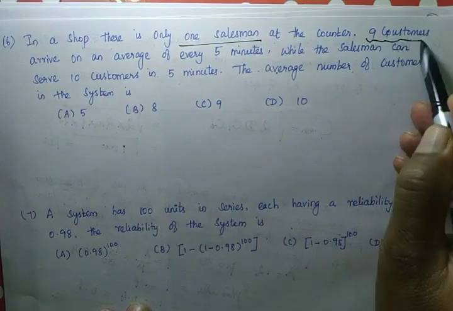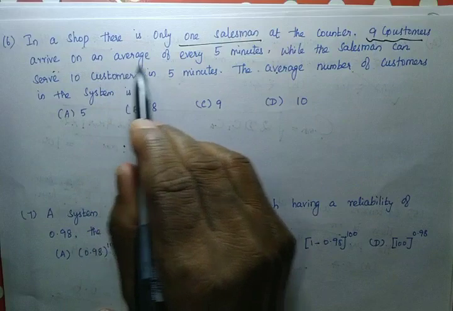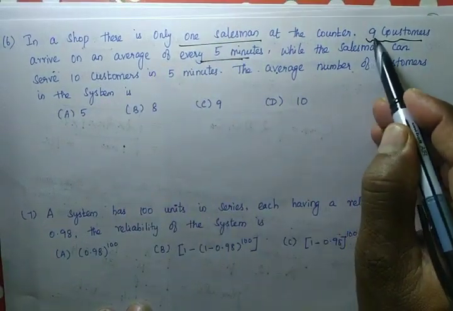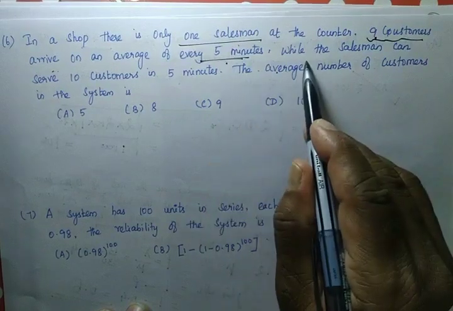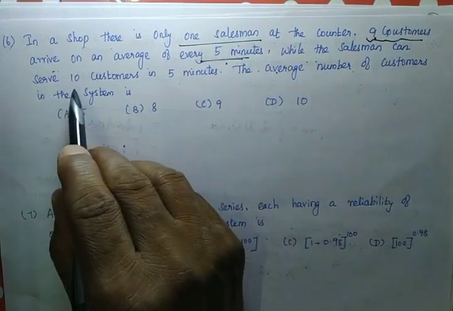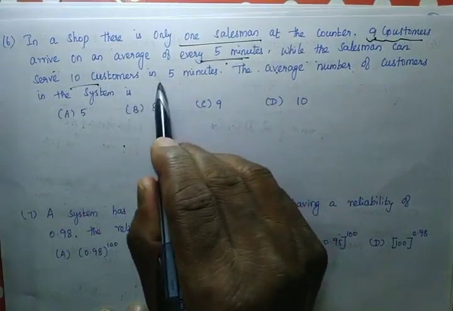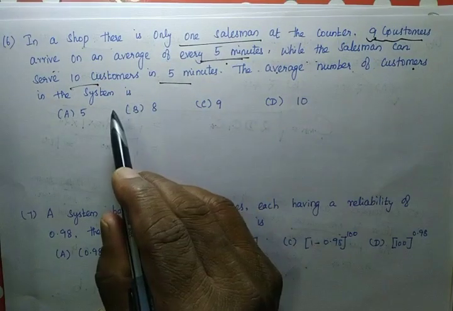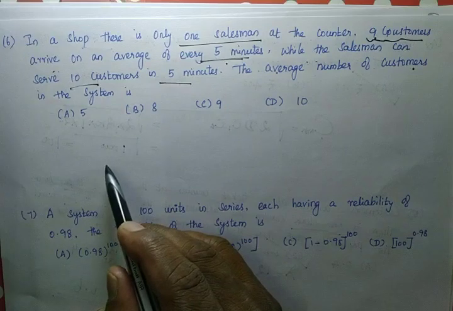9 customers arrive on average every 5 minutes, while the salesman can serve 10 customers in every 5 minutes. Find the average number of customers in the system.